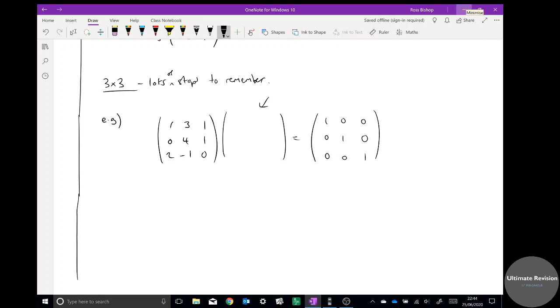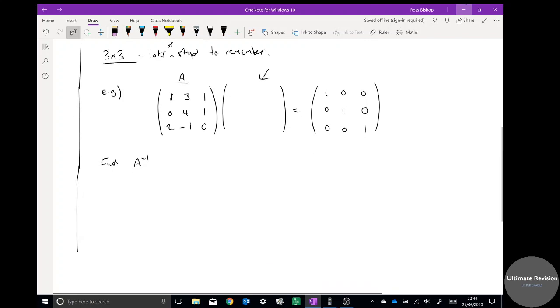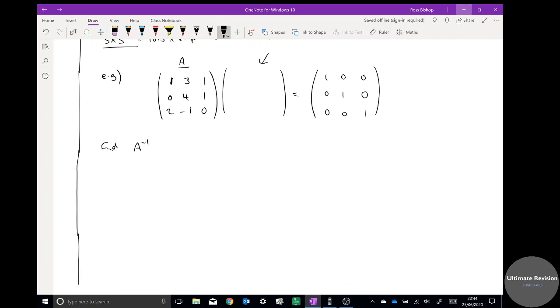And we'll call this one A. And so the question therefore is find the inverse of A. And again, you might get a feel for what it might look like, but I'm just going to show you the steps because it is hard to decipher this from scratch.